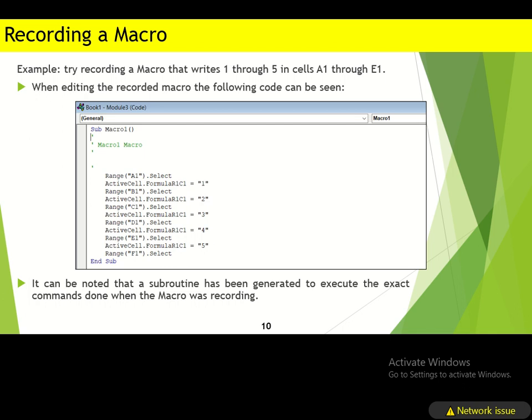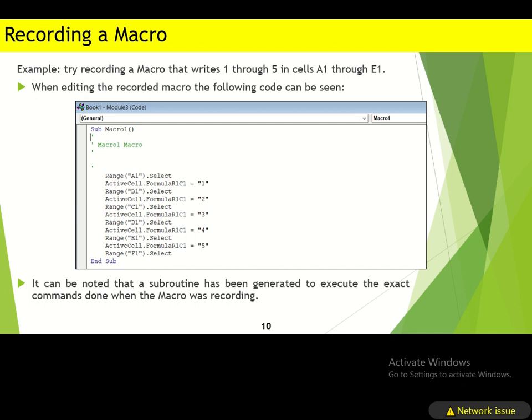In the background of every macro is a subroutine. What is a subroutine? It's a set of instructions or operations which Excel performs in your macro. When you told Excel to do Macro 1, Excel created a subroutine: in cell A1 put 1, cell B1 put 2, cell C1 put 3, and so on.